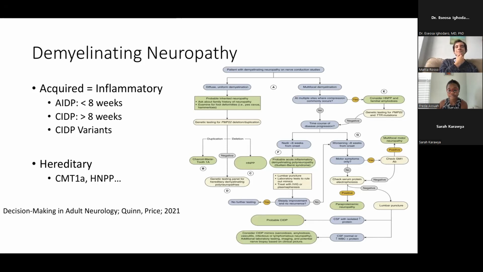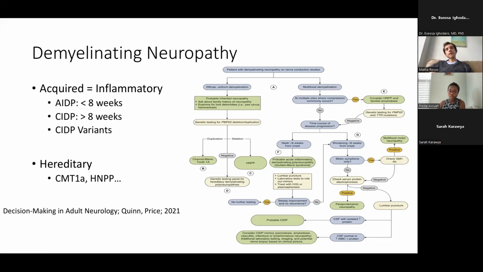But the important branching point in demyelinating neuropathies is really understanding whether the time course is within 8 weeks or longer than 8 weeks. And if you're thinking about longer than 8 weeks, you're really thinking about a chronic inflammatory demyelinating polyradicular neuropathy, which is CIDP. Otherwise, you're thinking about AIDP. And that's mostly the most important division.